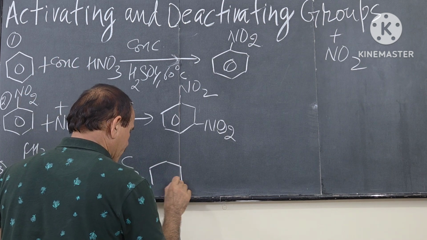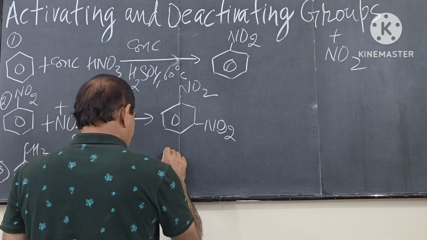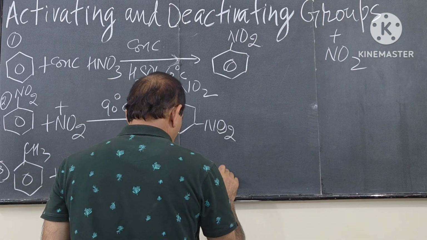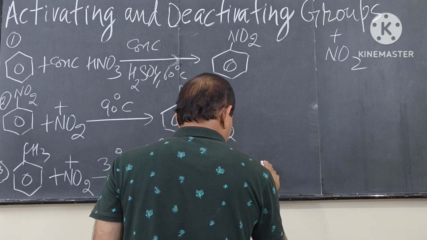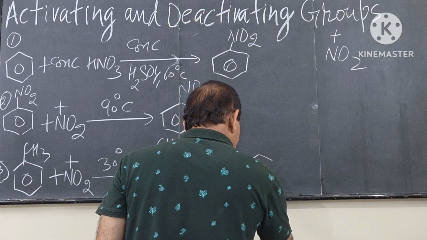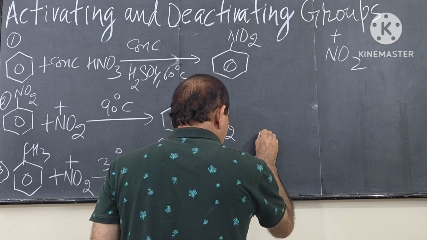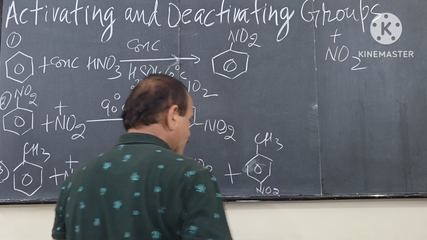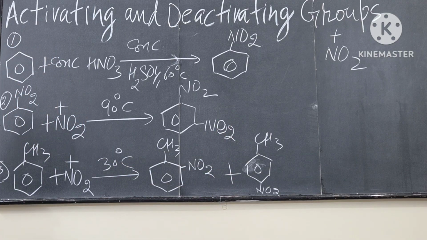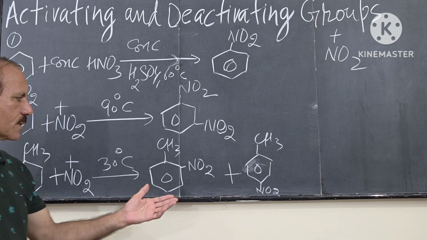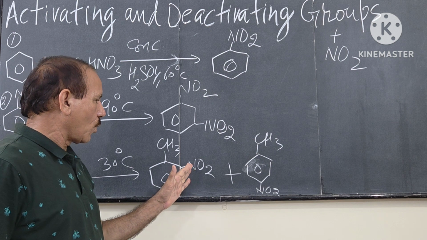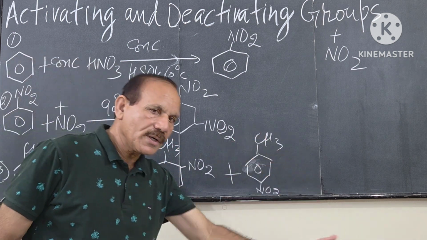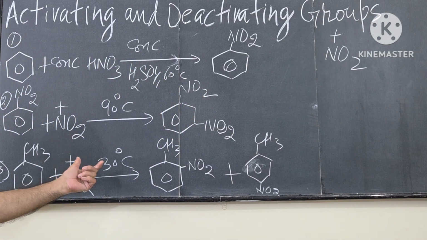We get two products, CH3 with NO2 and CH3 with NO2 at the other position. These are the two products: ortho-nitrotoluene and para-nitrotoluene.